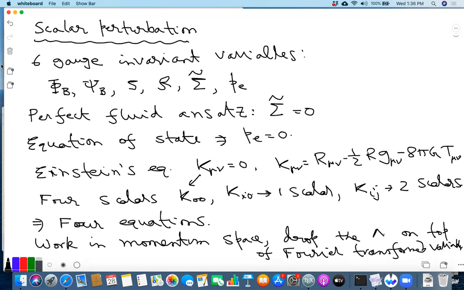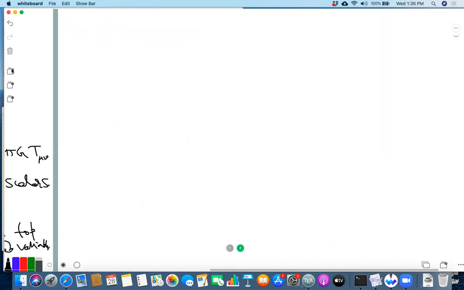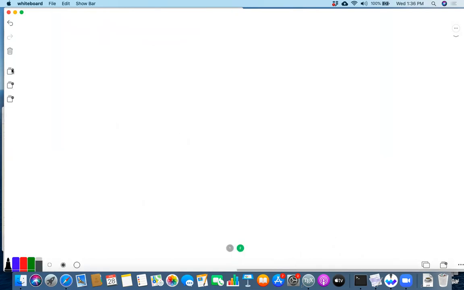So let me write down those 4 equations, which in fact I had written down last time, but I'll write it again because today we are going to use it. So the first equation will be 3H psi b dot. And I forgot to tell that the initial condition will be provided by inflation at the horizon exit. But we will see how we use it.